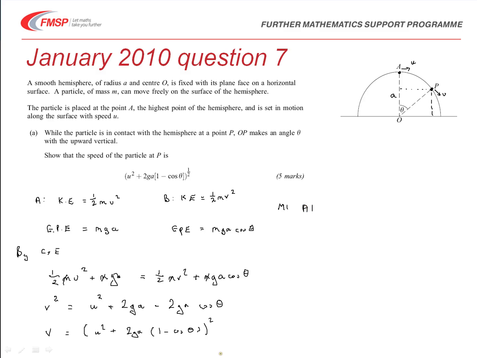For then using, excuse me, conservation of energy to obtain your expression through here, gives you a method mark, and again an accuracy mark there, having the appropriate heights, and then finally an accuracy mark for that working through down to the required result.